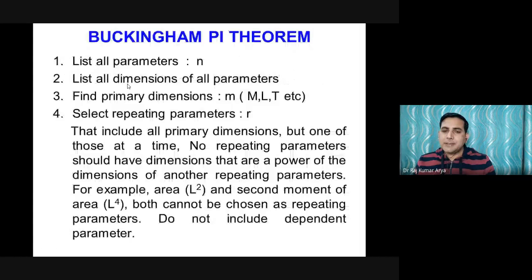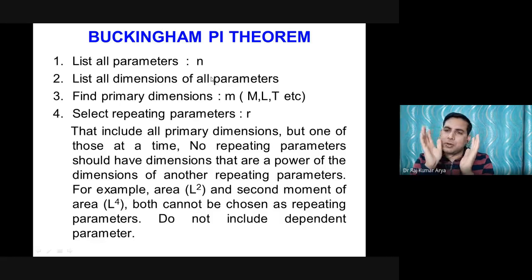So the first thing is called the Buckingham pi theorem. It says that if you have a particular project or design or machine or a flow, first you list each and everything, just like you do in dimensional analysis, right? What do you do in that case?